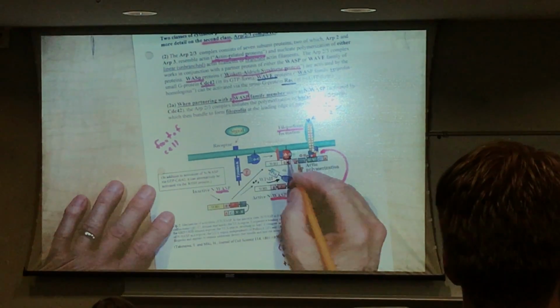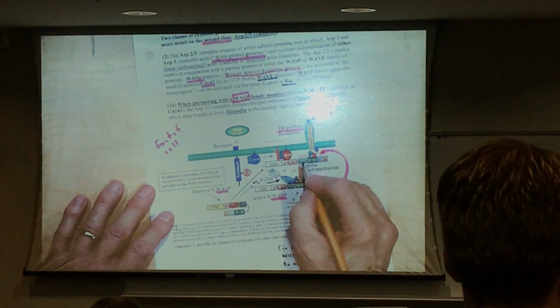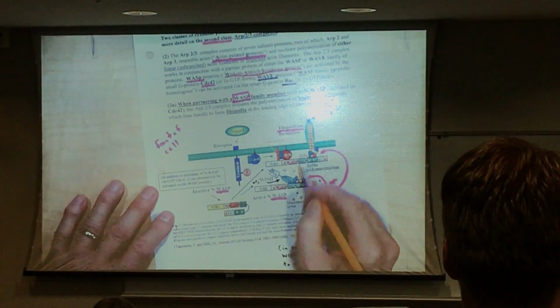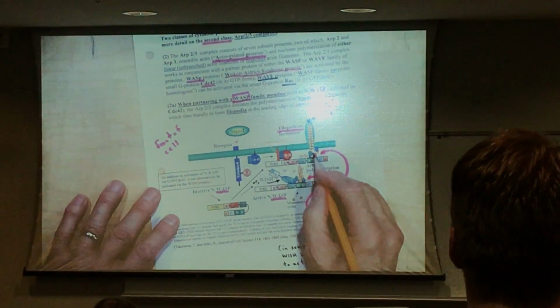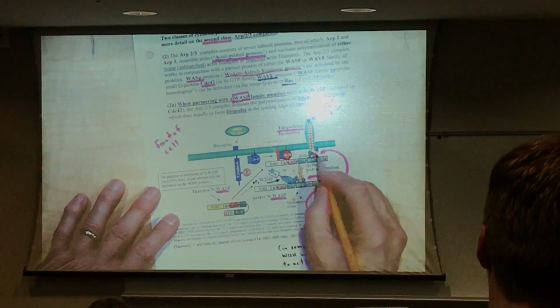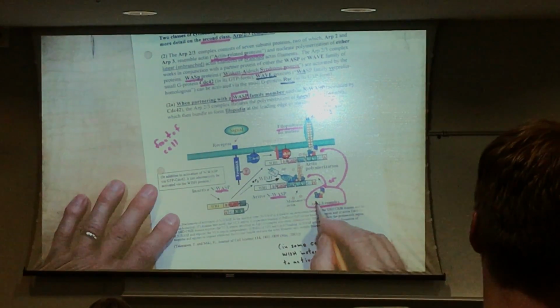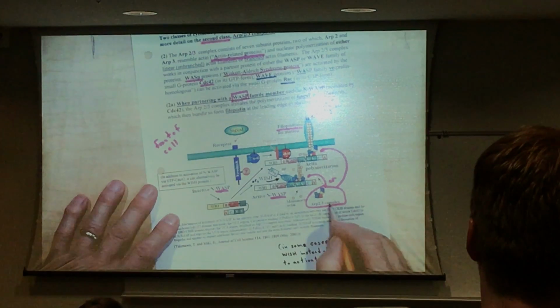Now it has a profilin binding domain, and it recruits active profilin complexes here, and then delivers them to a region right here where we bind the so-called ARP2/3 complex.